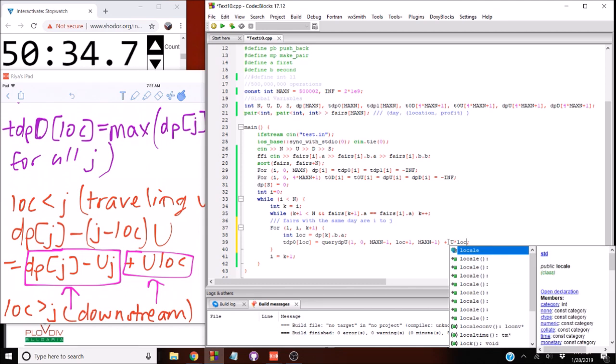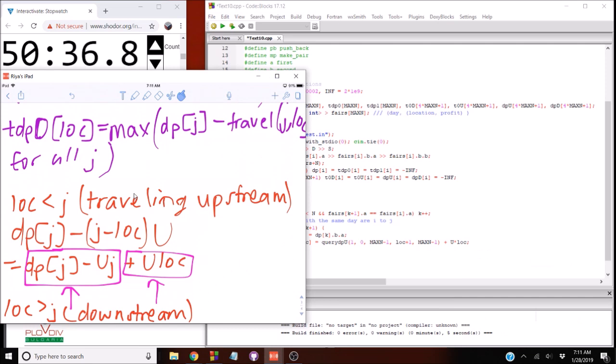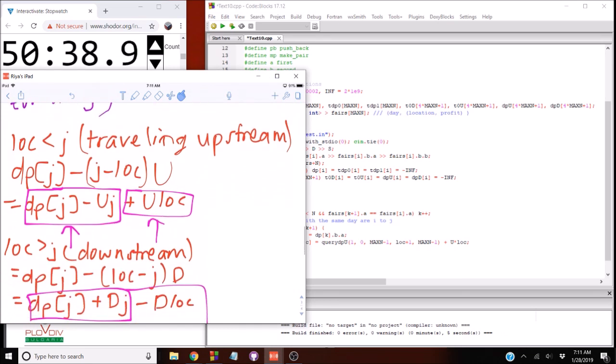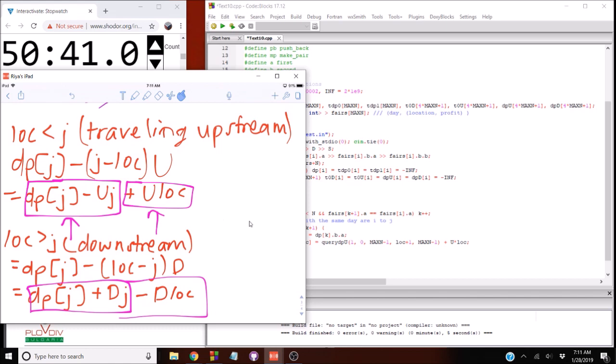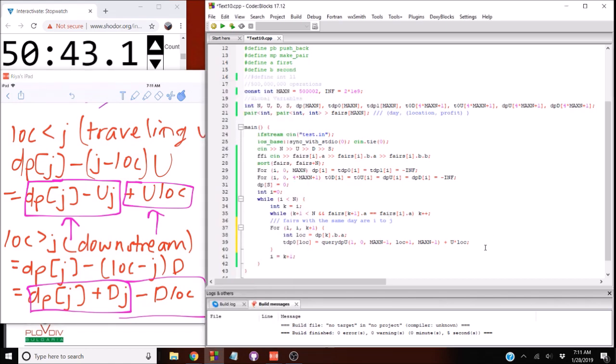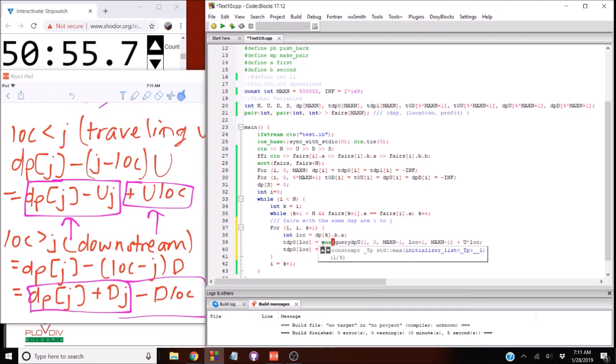Okay, so this should set all the TDP. Or, actually you have to take a max of the two values. TDP 0 lock equals max. Oh yeah, let's put the max here.